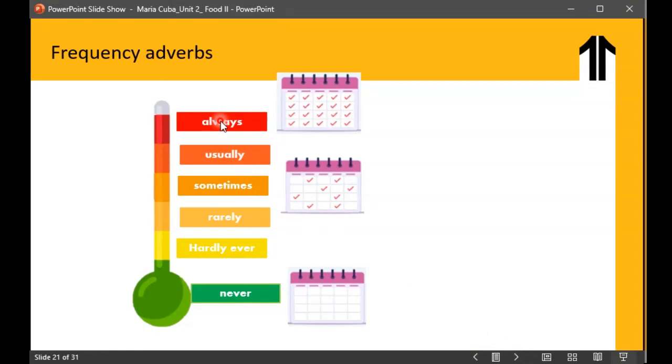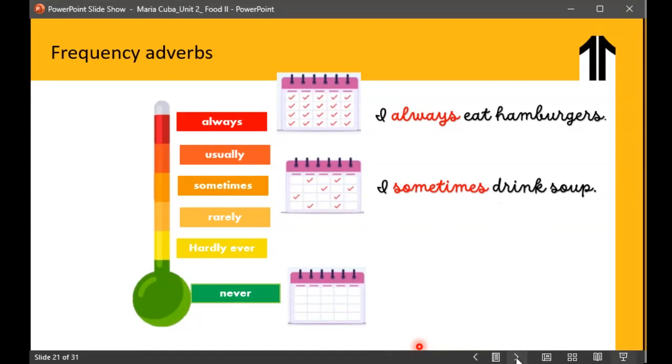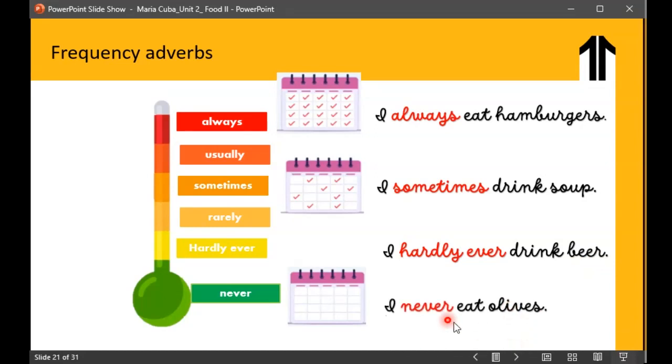And what is the position of the frequency adverbs? You can say, for example, I always eat hamburgers. I sometimes drink soup. I hardly ever drink beer. Beer: Cusqueña, Pilsen, Cristal is a beer. I never eat olives.